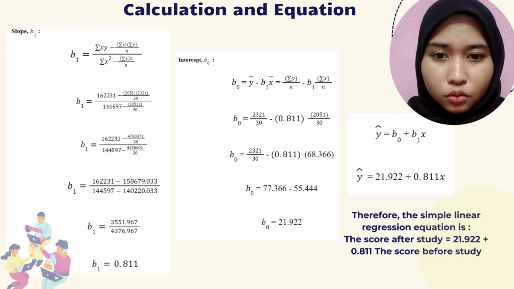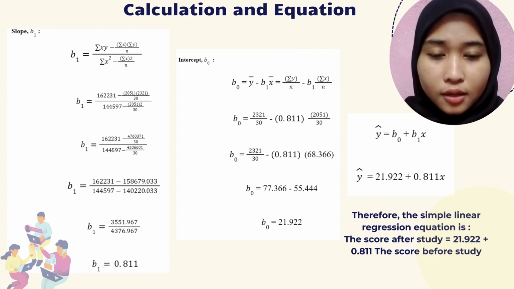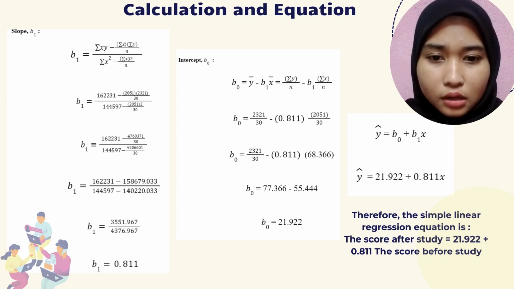So Y equals 1.922 plus 0.811x. Therefore, the simple linear regression equation is: score after study equals 1.922 plus 0.811 times score before study.